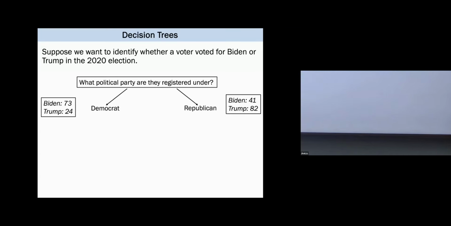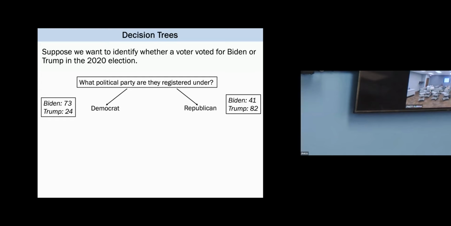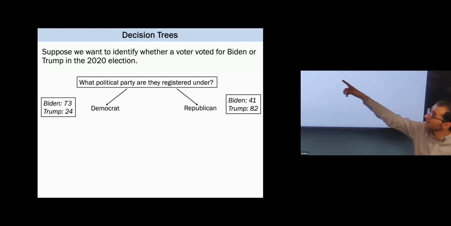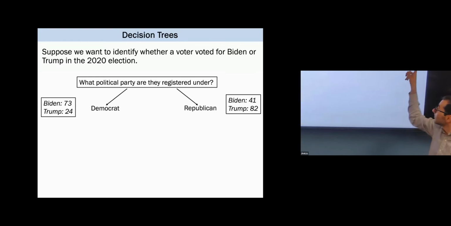Now, that's a very good distinction between the Biden voters and the Trump voters. So you can see here the majority of them are Biden voters, the majority of them here are Trump voters. Okay?